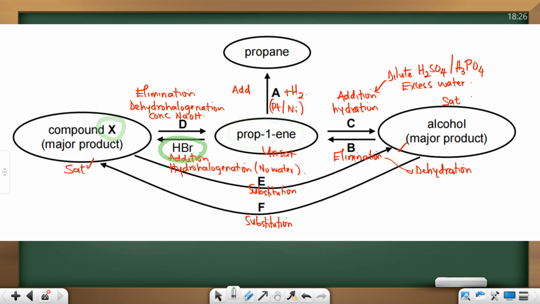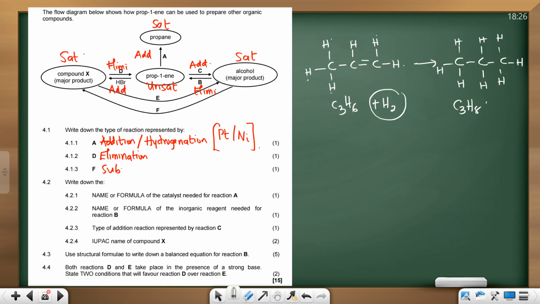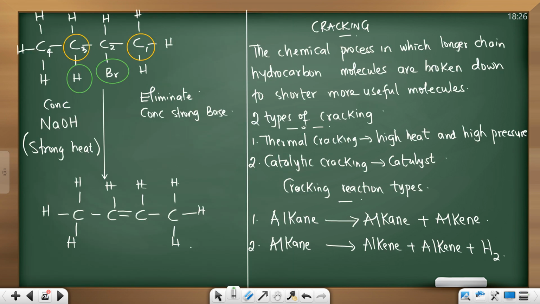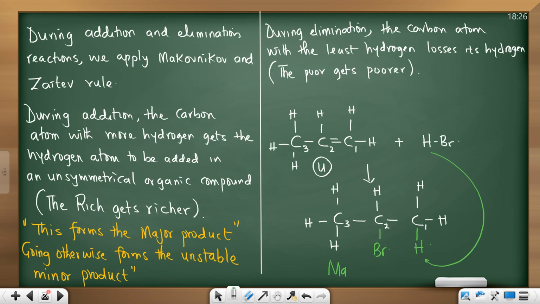HBr. Wait, guys, I'm a prophet now. Do you notice that this was the same example I used? Yeah, this was the same example.